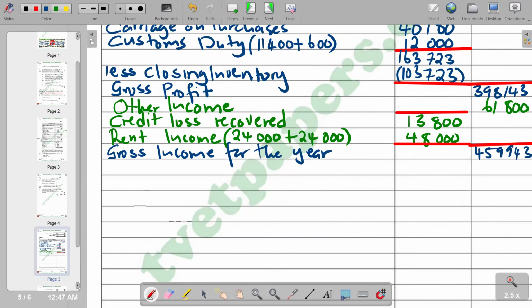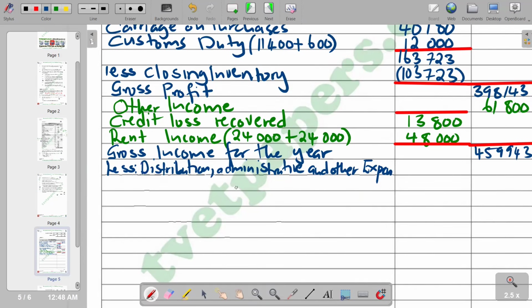Then after that, we go to the less expenses section, whereby now we are saying less distribution, administrative, and other expenses.